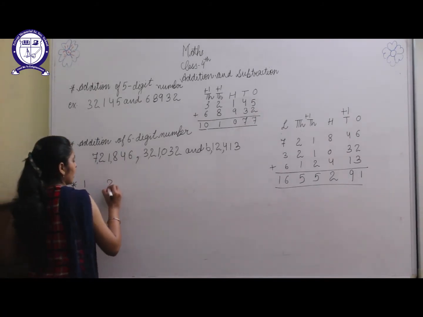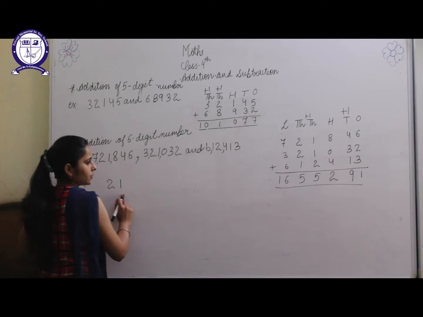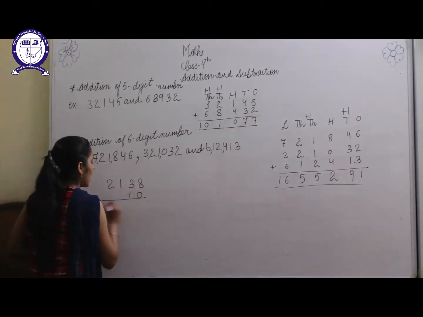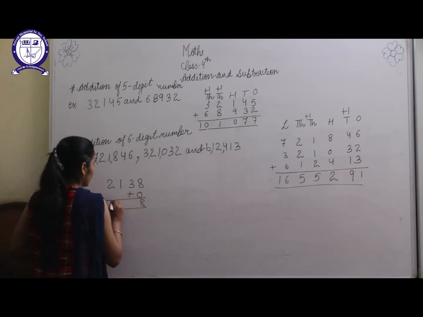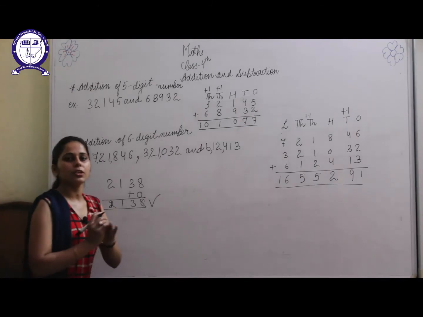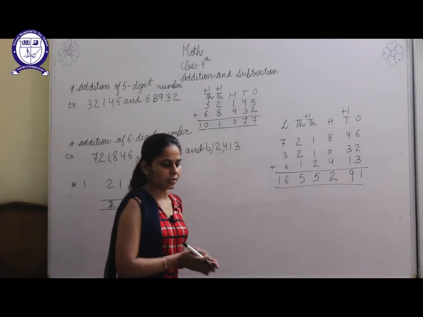Let's take an example when we are having 2,138 and we add 0 to it, our answer will be 2,138 only. So 0 does not change the sum, students.